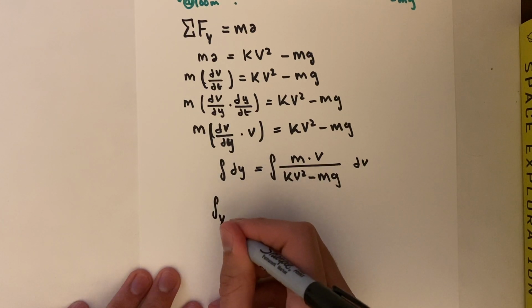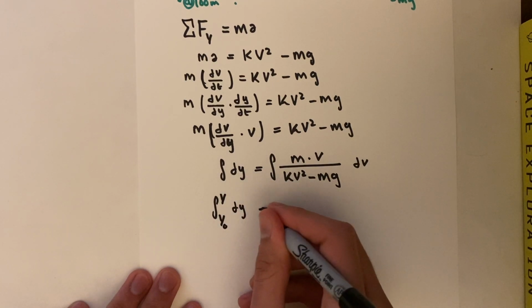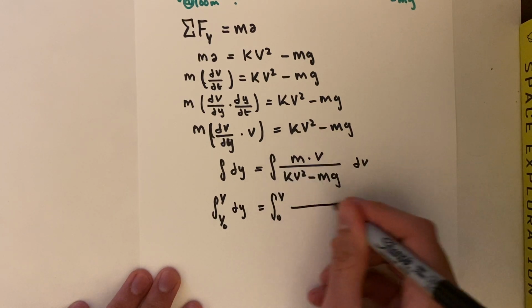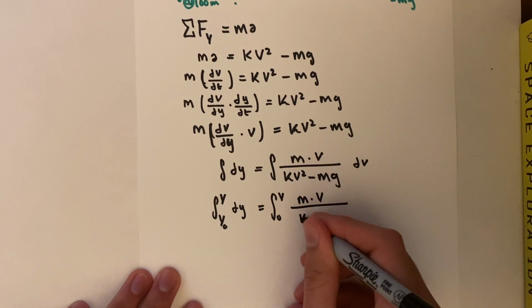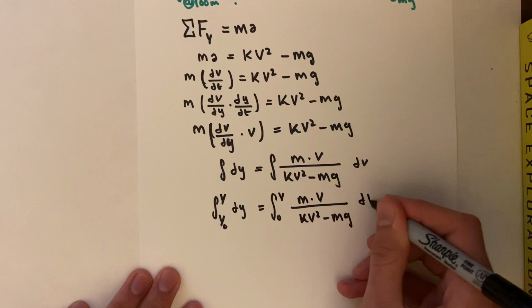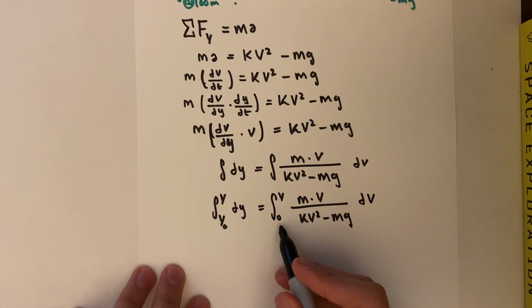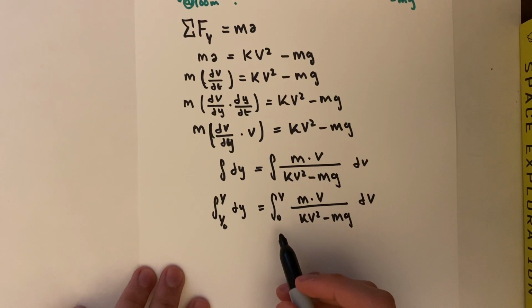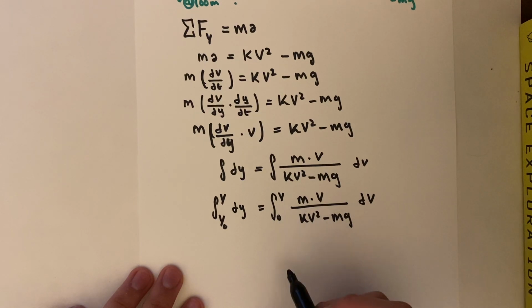This is going to go from y naught to y of dy, and this is going to go from 0 to v. The reason this is 0 is that when the skydiver is in the plane, he's stationary and not moving, so his velocity is 0.